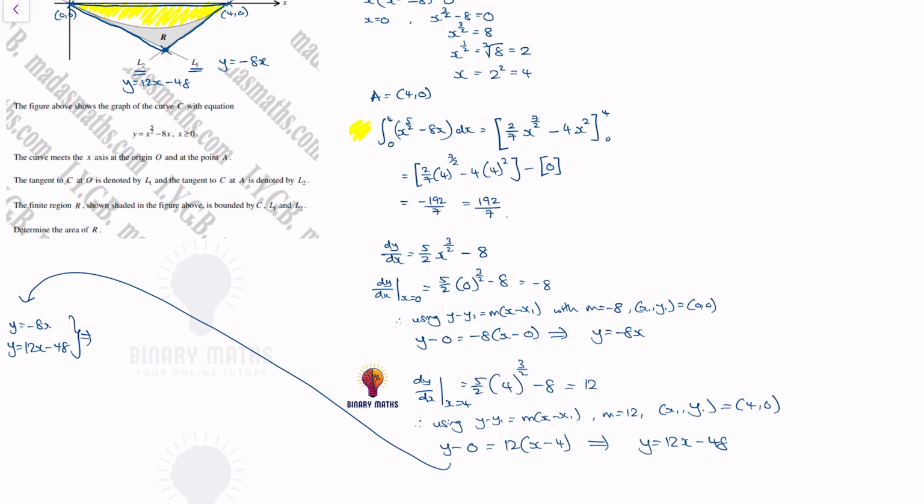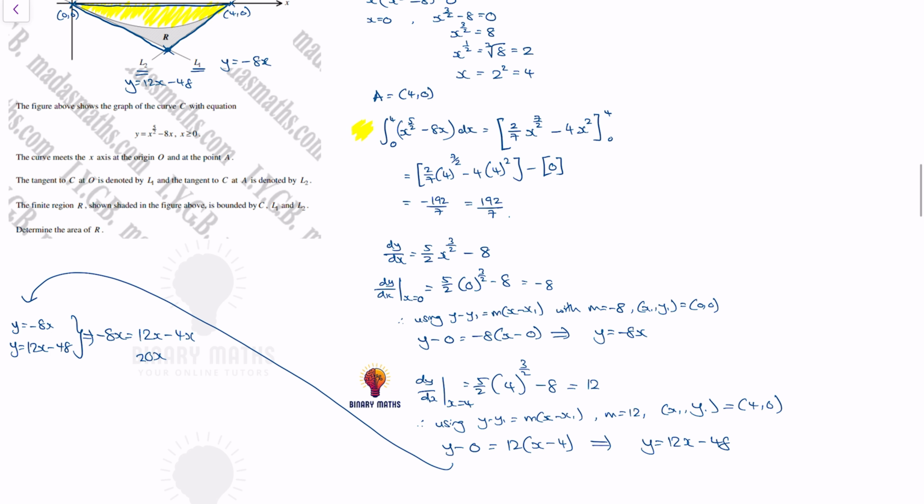Solving simultaneously, I've got minus 8x is equal to 12x minus 48, which means I've got 20x is equal to 48, which means x is equal to 12 over 5.